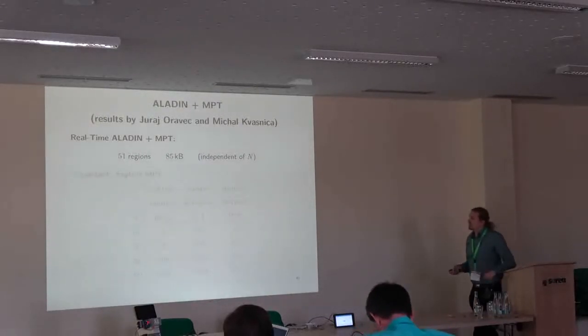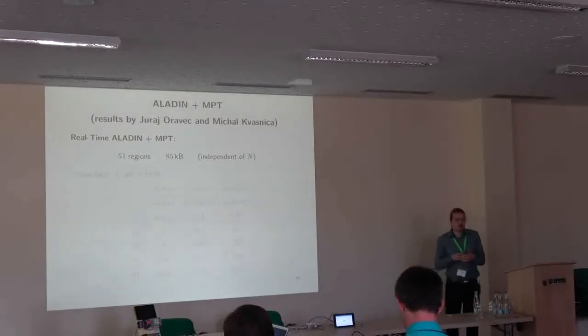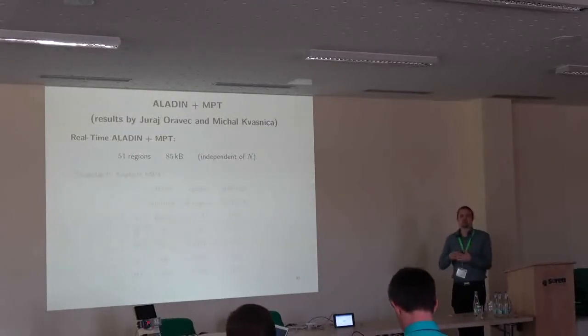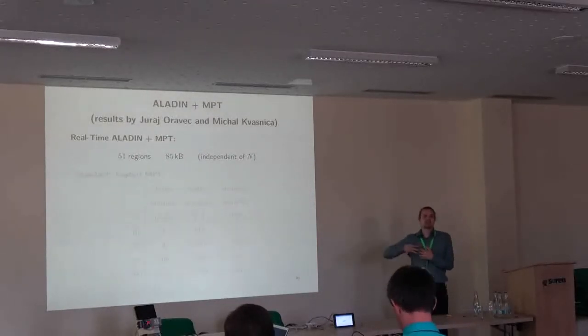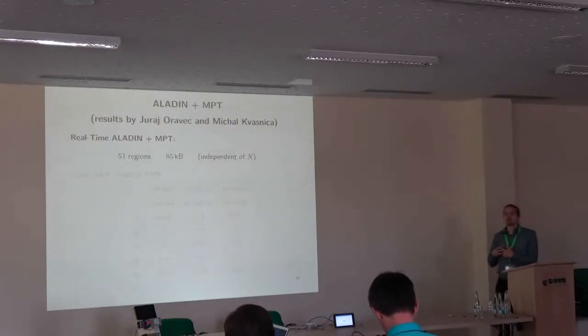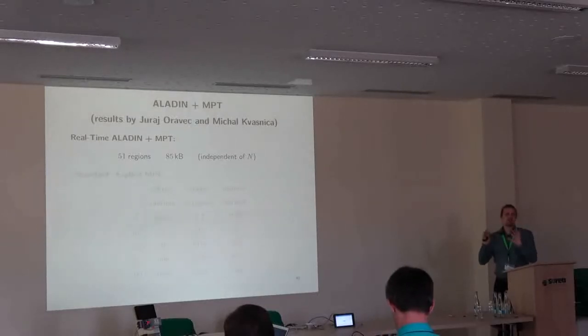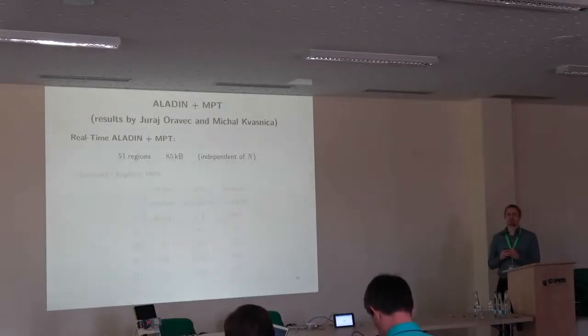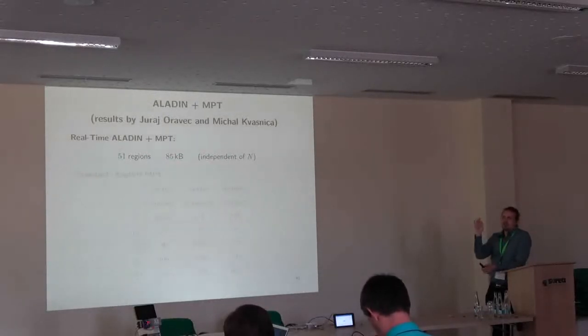This result is really independent of the horizon length. If we make the horizon longer, we need exactly the same storage and exactly the same number of critical regions, because the communication is taken care of by Aladin. That's not part of the MPT toolbox anymore. The MPT toolbox is only solving the decoupled short-horizon MPC problems.